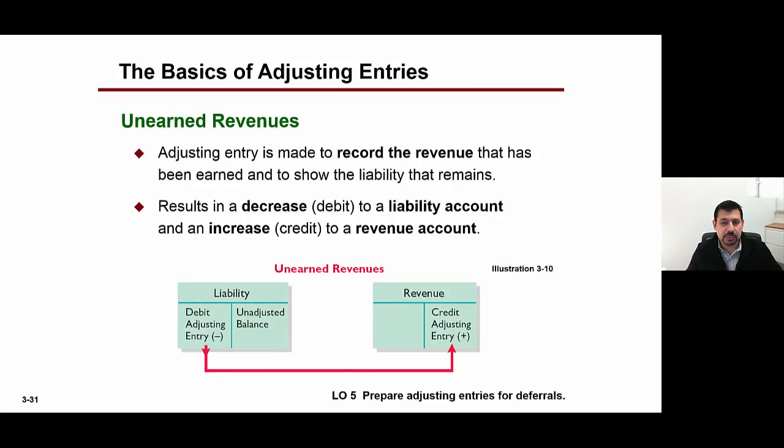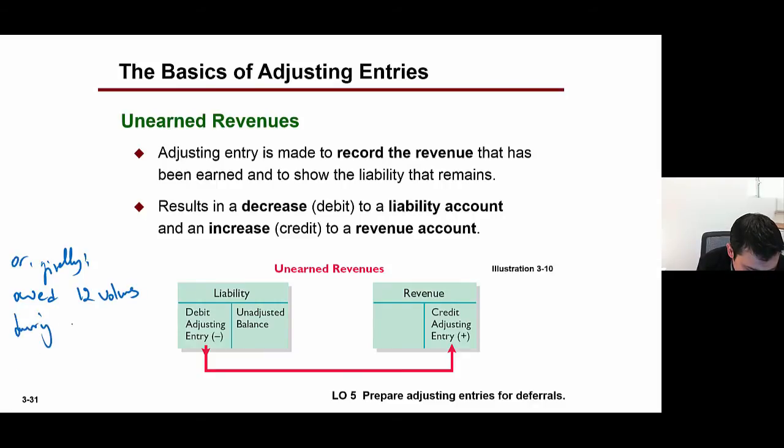But let's say during that accounting period, the company delivered 1 volume. So originally, they owed 12 volumes.